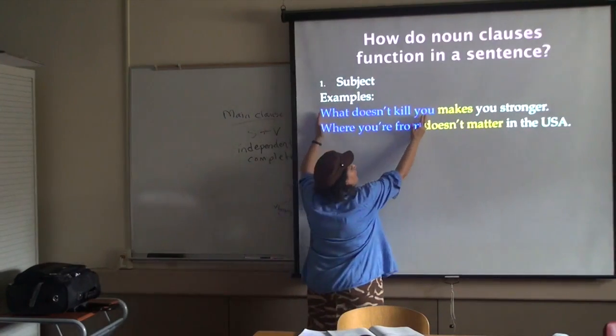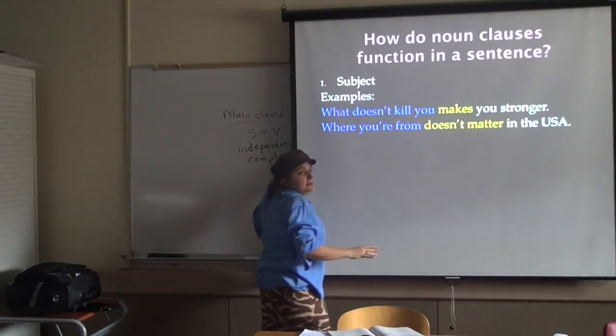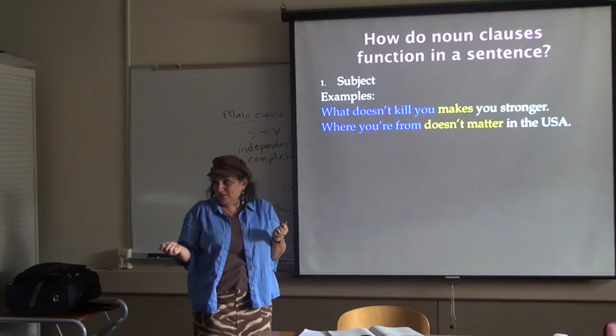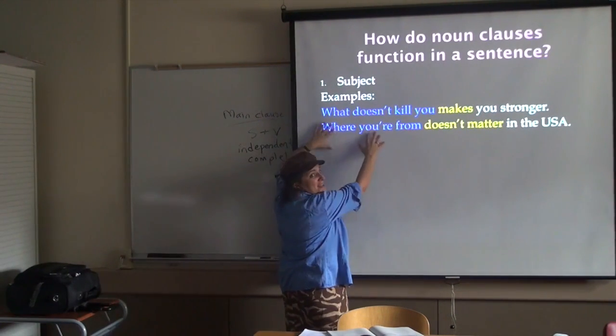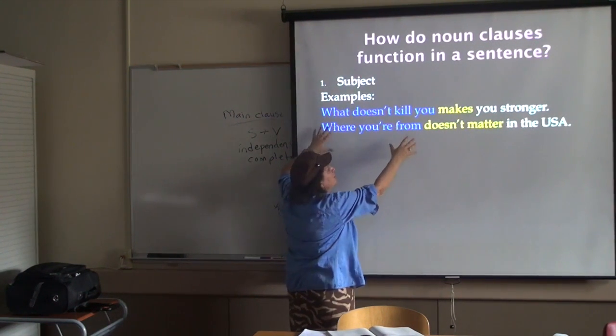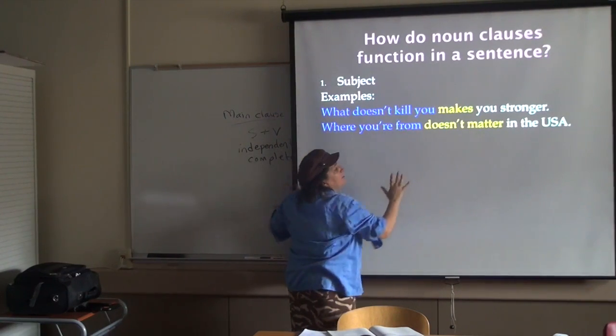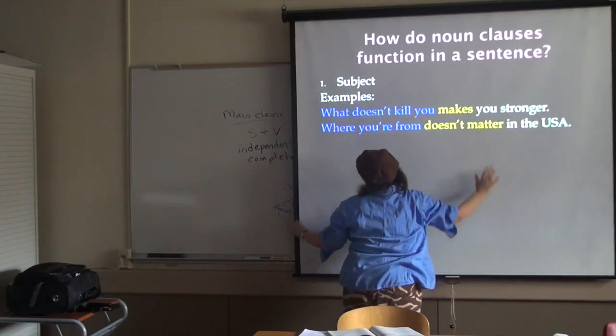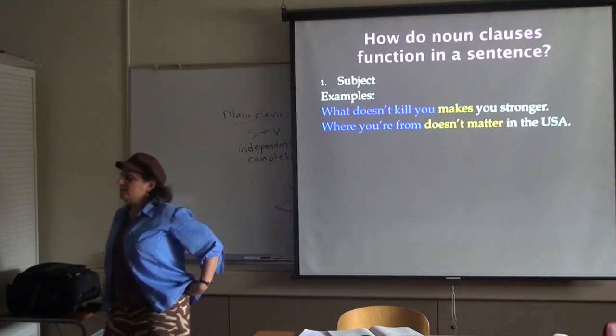But where you're from is the subject of the entire sentence. You can see it's getting a little more complicated, right? Because now I have a subject within the subject. This is more advanced grammar. Okay, so where you're from doesn't matter in the United States. So the blue is subject. Yellow is the verb of the sentence.